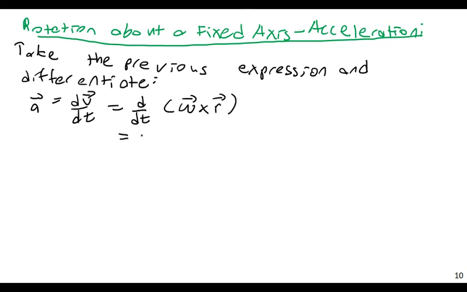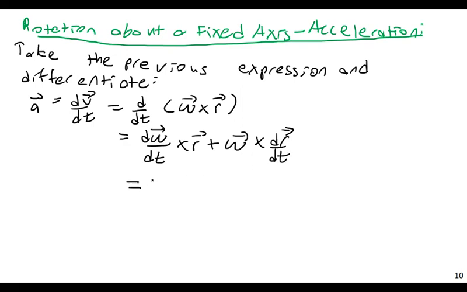This is then equal to d omega/dt cross r plus omega cross dr/dt, and this is based off of essentially a chain rule or product rule type thing.